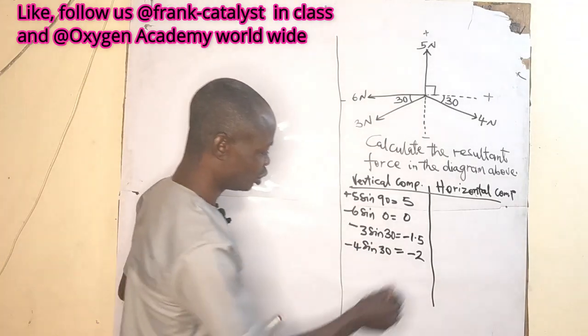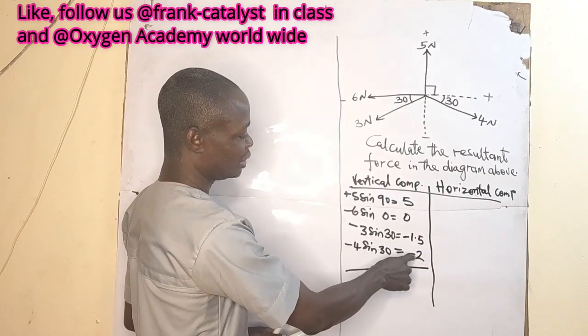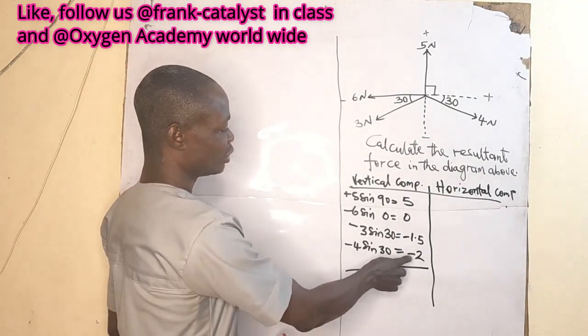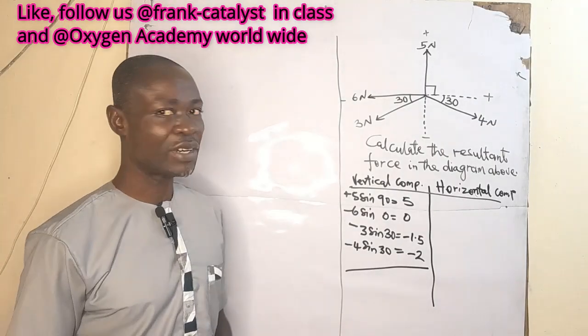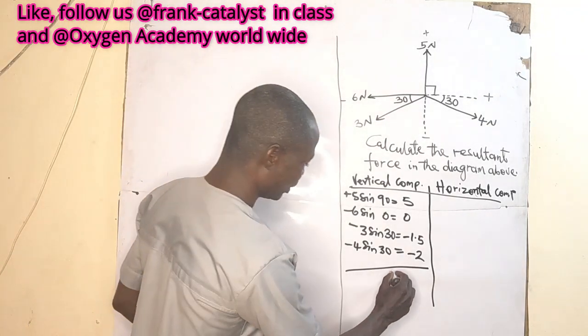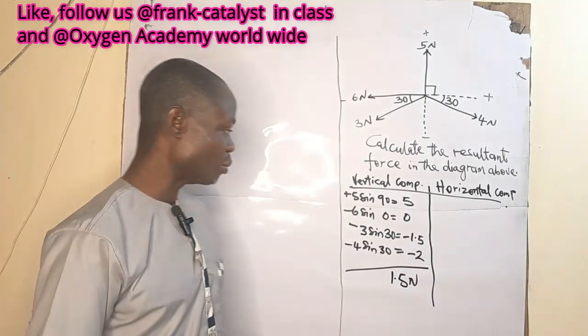Adding these, we have minus 3.5, and minus 3.5 plus 5 gives us 1.5. So we have 1.5 as the vertical component.